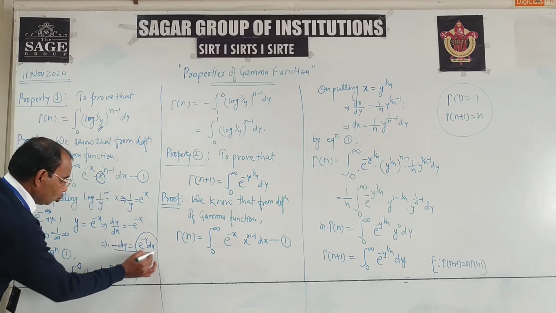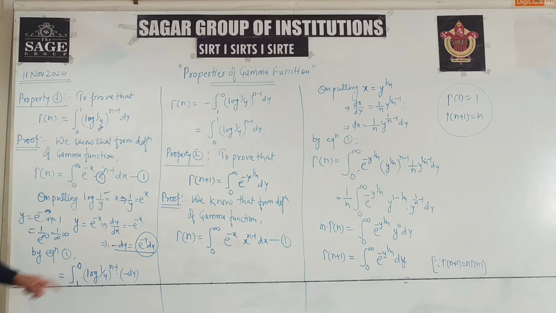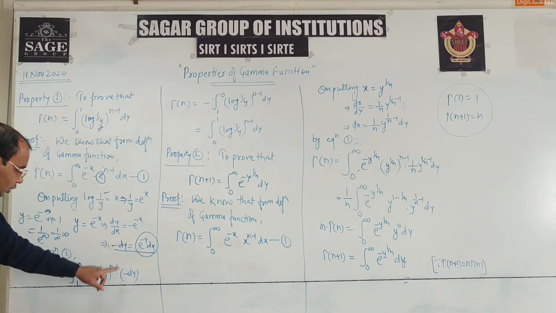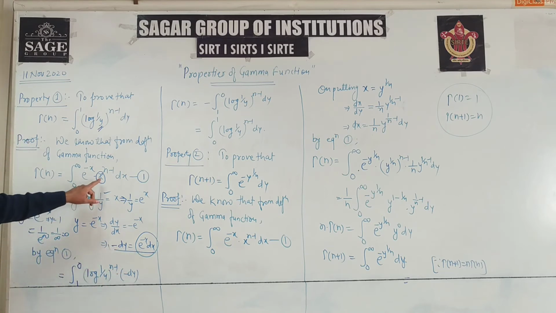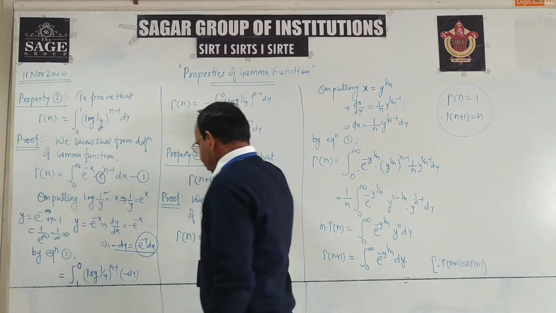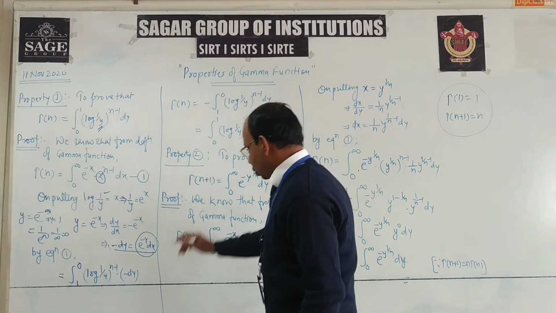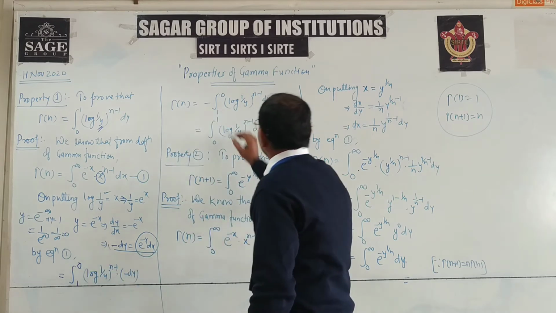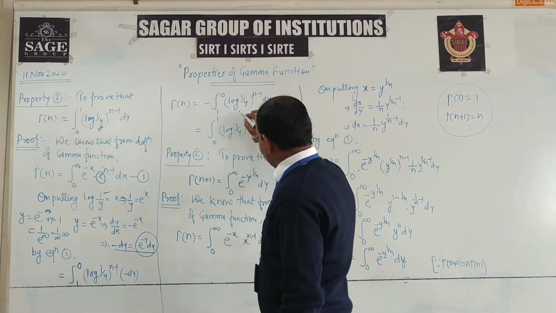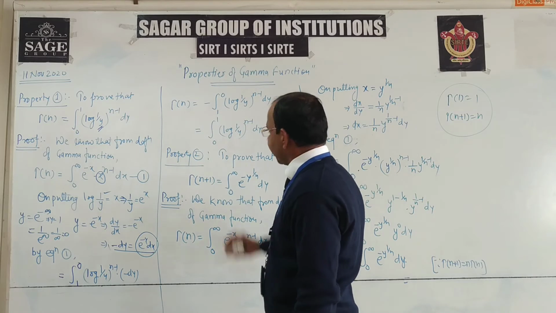The term e to the power minus x dx is replaced by minus dy, and x is replaced by log 1 upon y. Gamma n is equal to minus the integration from 1 to 0 of log 1 upon y to the power n minus 1 dy.